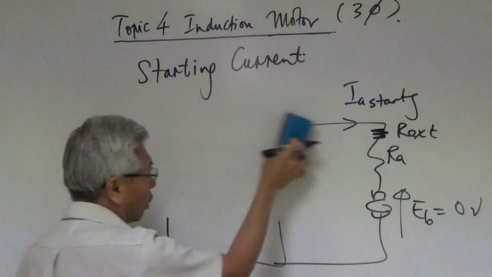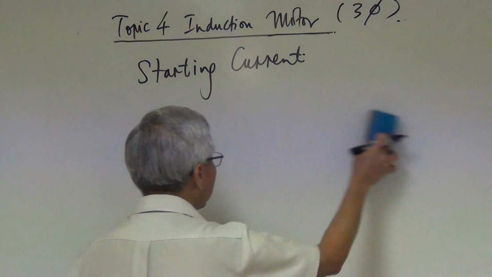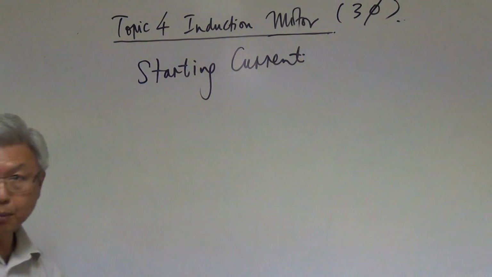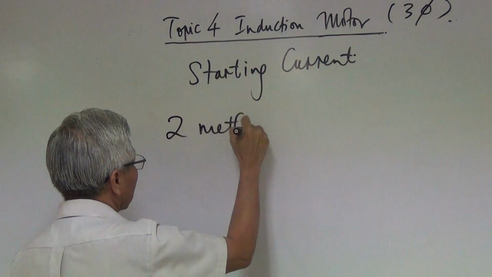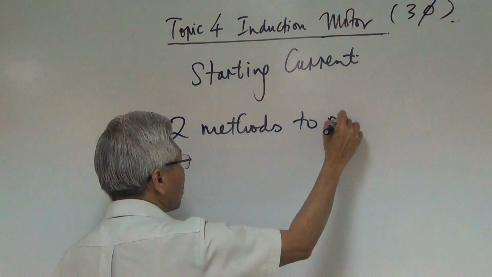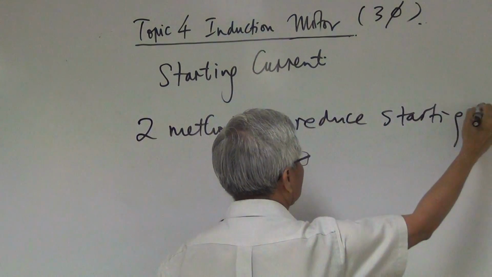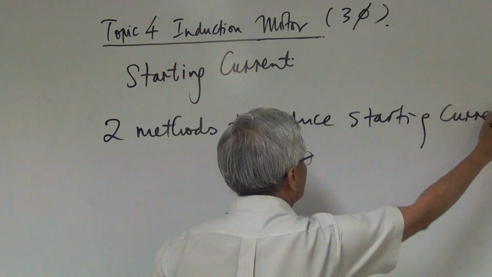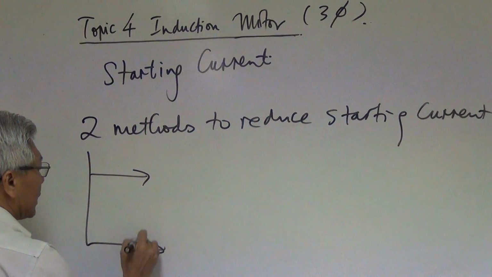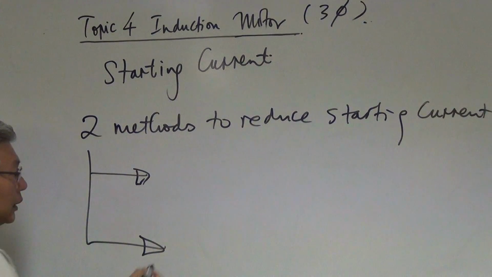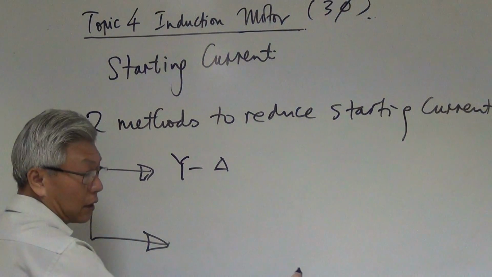How about induction motor? For induction motor, to reduce the starting current, actually there are two methods. Okay, what are the two methods? The first method is using a star-delta converter.